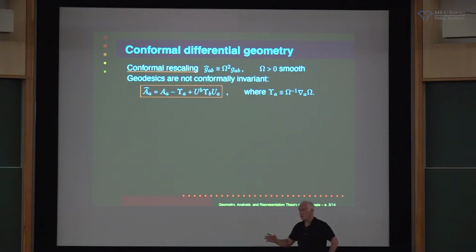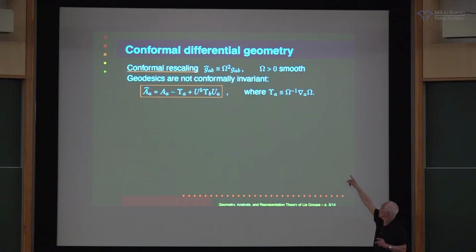Right, so every time you have a new metric, g hat, I write the new gadget that you obtain from that with a little hat over it. So this is the new acceleration. And you can see the acceleration has changed. In particular, if you start with something which has zero acceleration, there's no way that this is going to remain zero, unless, of course, you start with a constant rescaling, in which case this thing which controls how things change, this important one form, which is the logarithmic derivative of omega, is zero.